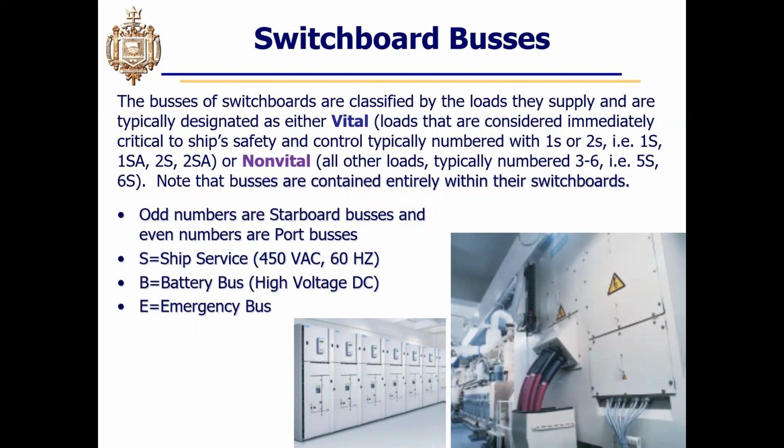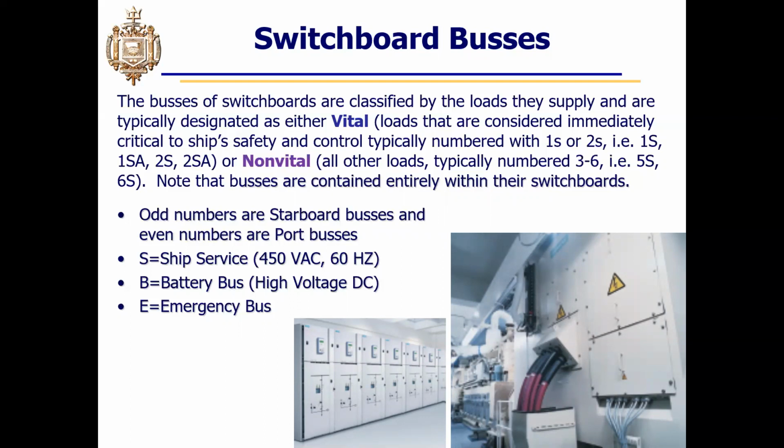Rod control, for instance, on a nuclear-powered submarine, that is a vital load. The slow-speed power supplies for your reactor coolant pumps, those are considered vital loads. So those are loads that you need to be able to drive the ship, see, and operate safely.